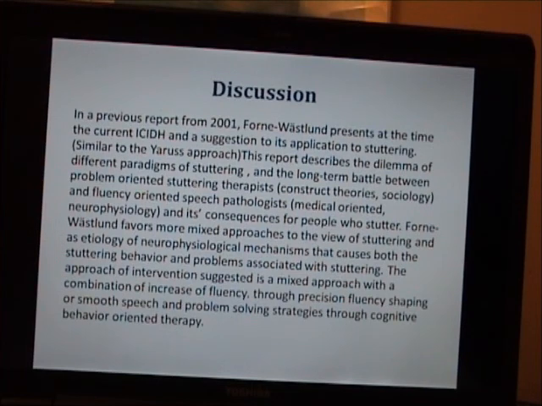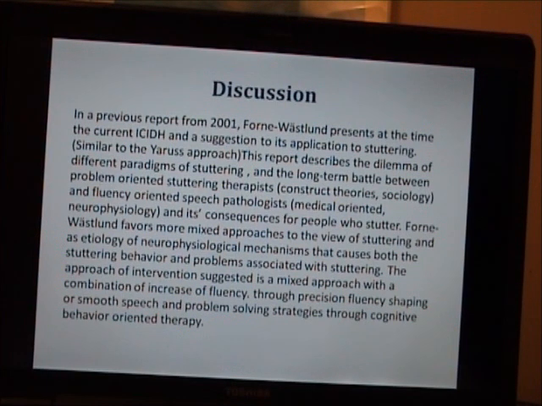This report describes the dilemma of different paradigms of stuttering, the long-term battle between problem-oriented stuttering therapists, the construct theories, sociology, and fluency-oriented speech pathologists, medical-oriented neuropsychology, and its consequences for people who stutter.